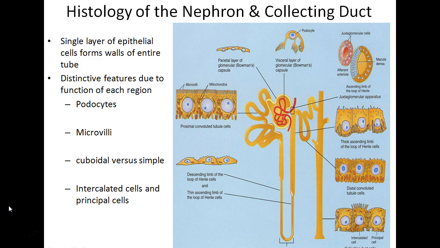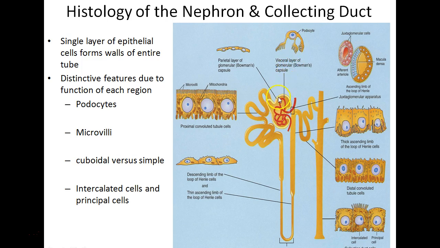Let's go ahead and look at how some of the structures we've discussed so far have specialized cells that assist in their functions. And these are going to be specialized forms of epithelia. So we then see that in the Bowman's capsule, we have those podocytes, again, which are special structures for filtration.